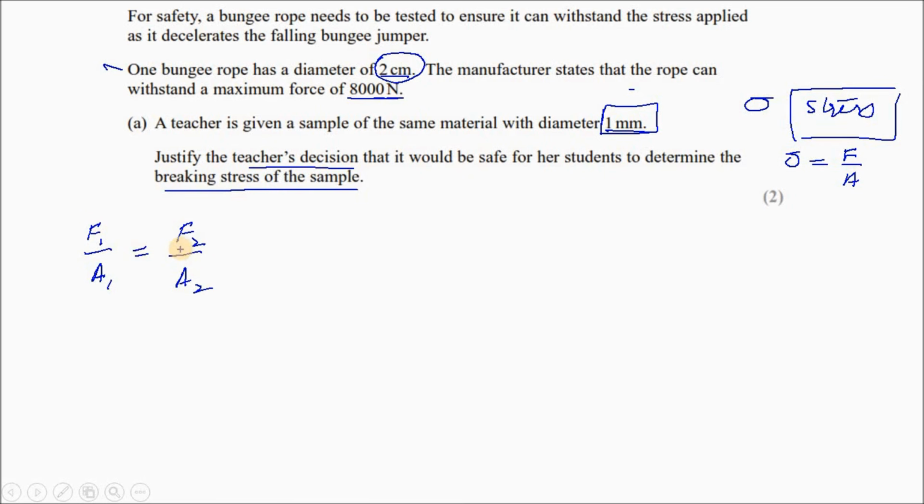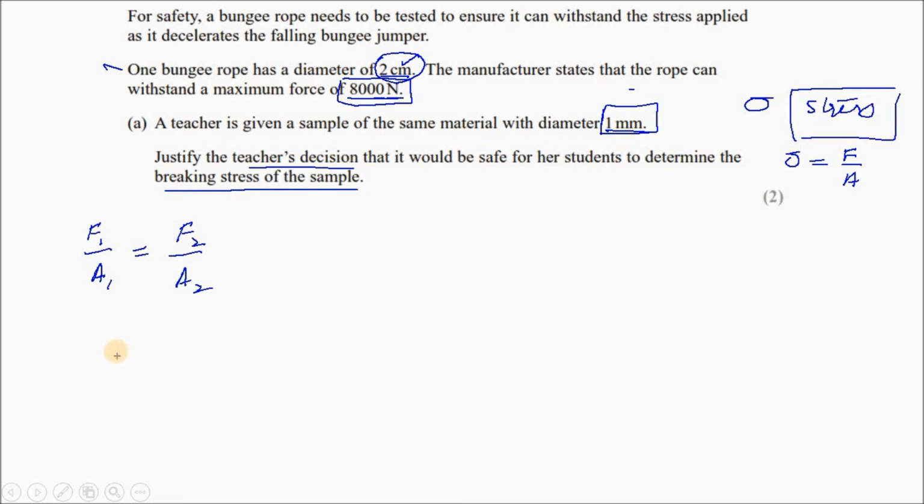I know that I have the maximum force at 1000 Newton, which is F1, and A1 I can figure out from this, and then I just need to figure out F2 whether it is within the range or not.